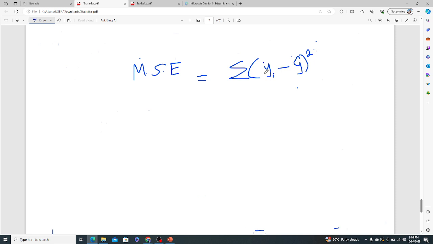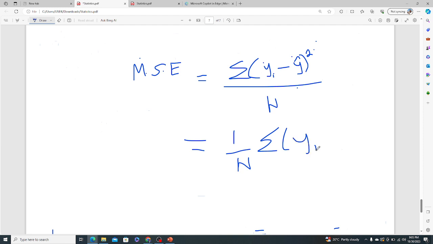So the summation of y i's minus y hat, divided by n, or 1 over n, summation of y i's minus y hat, squared.